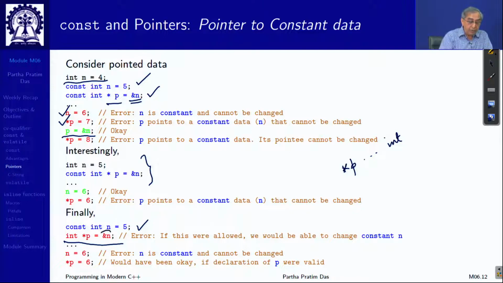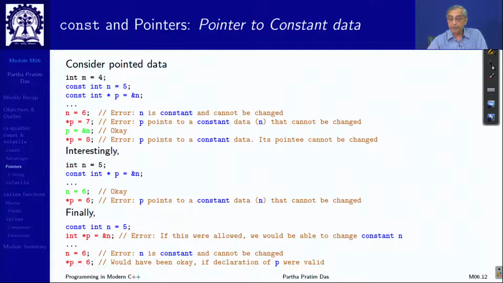So, if I am allowed to put the address of const int into p, then when I do star p and change it, I will not be able to know that I am changing something which I am not supposed to change. So, this itself is an error. That is the way to look at the logic of constness.